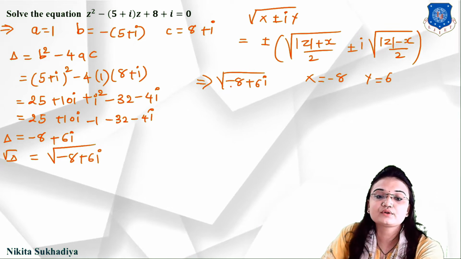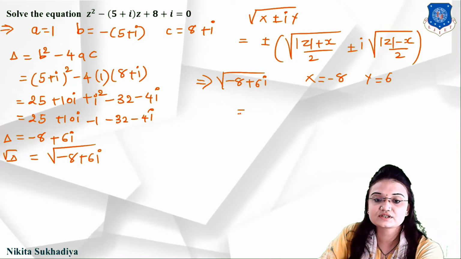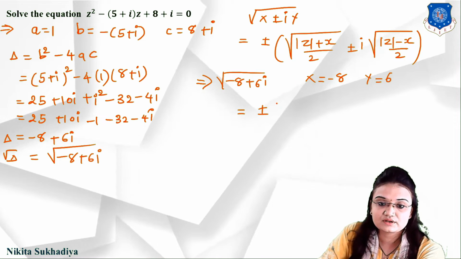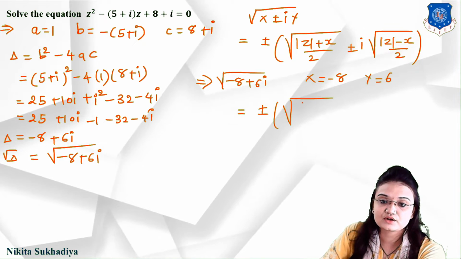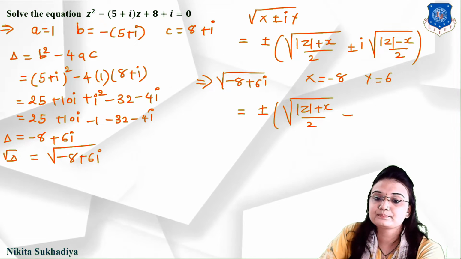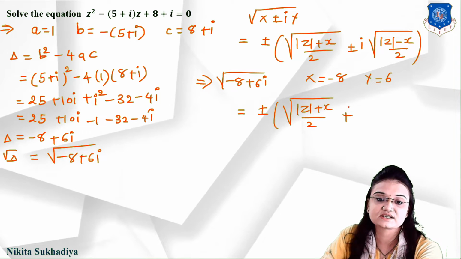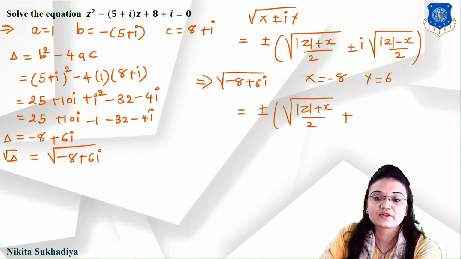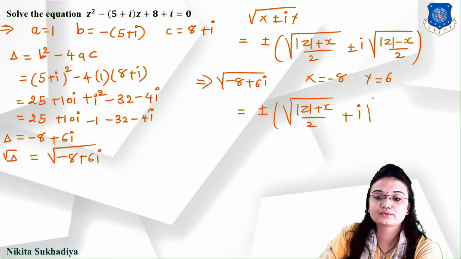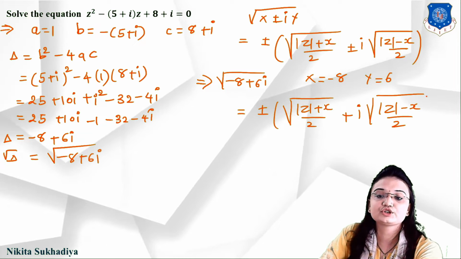So the square root of minus 8 plus 6i, according to this equation, will become plus or minus the square root of (mod z plus x) by 2, and plus i if y is positive, if y is negative then put minus here, times the square root of (modulus of z minus x) by 2.